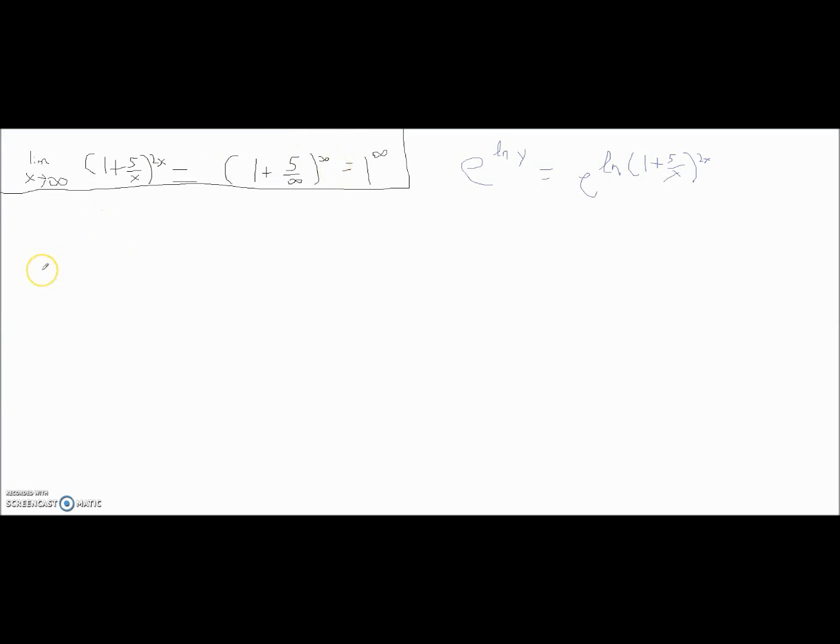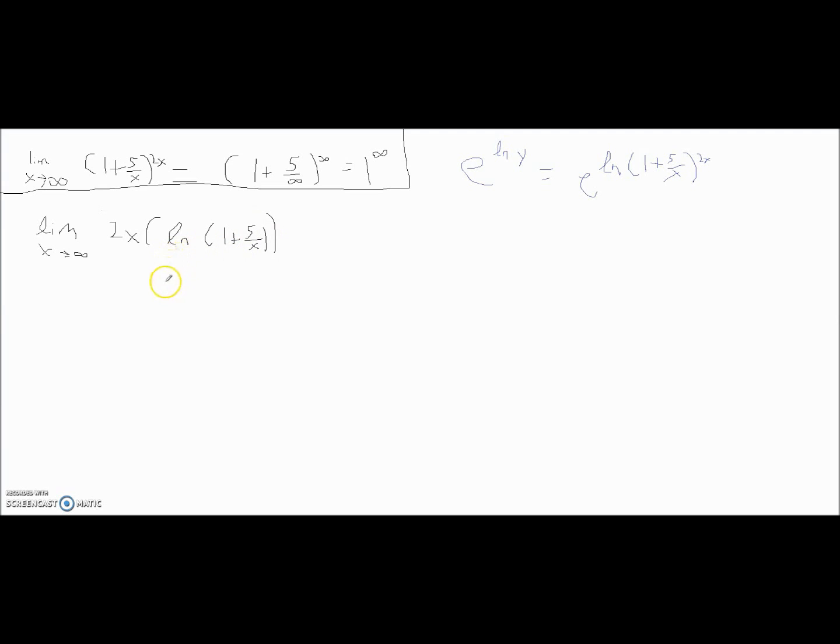So you take your limit, x goes to infinity, of 2x times the natural log of 1 plus 5 over x. Once again, the reason we can do this is because of the properties of natural logs.